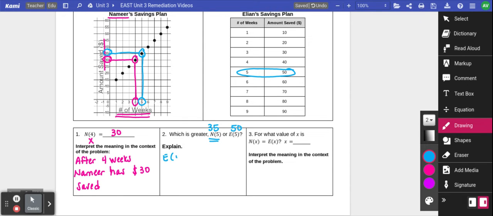E of 5 is bigger, which means Elian has more money after 5 weeks.